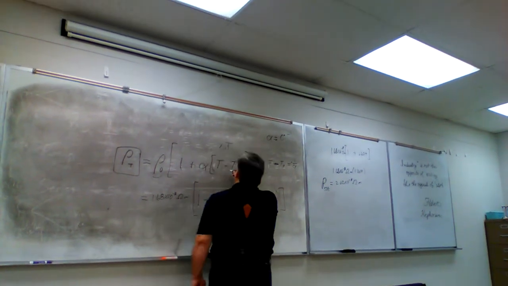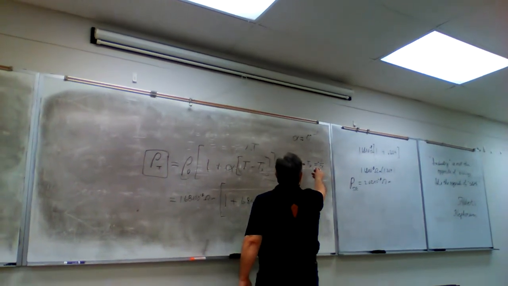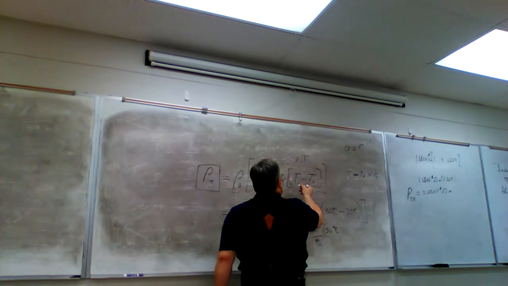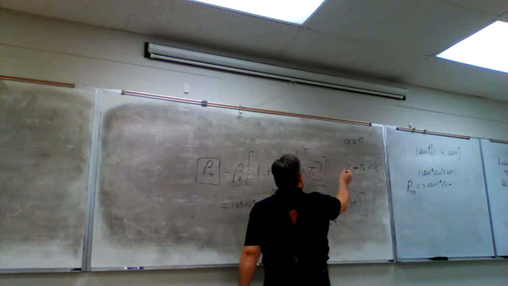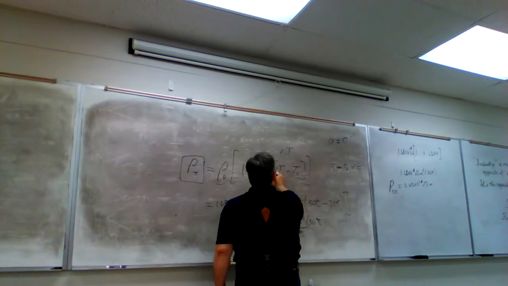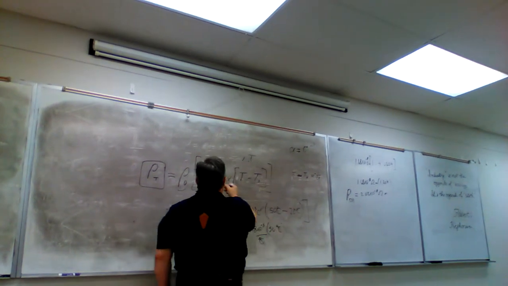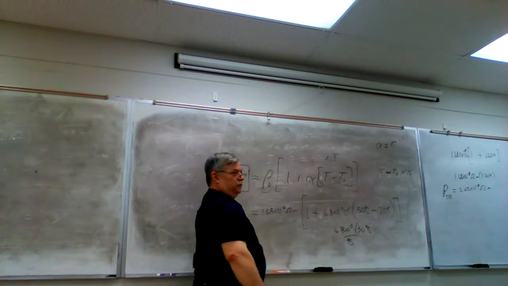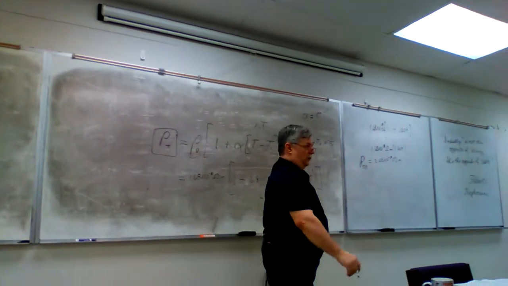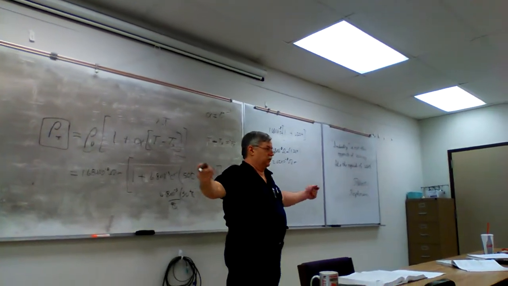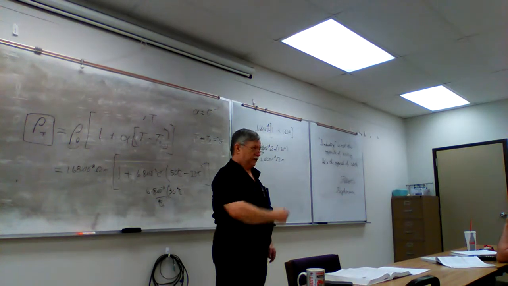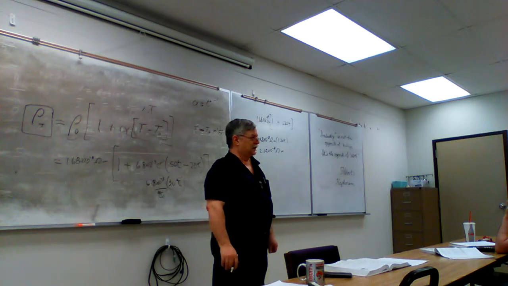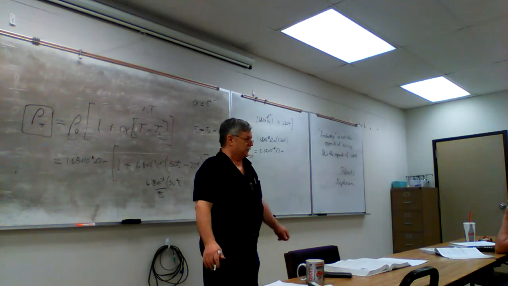If that equaled -1 over alpha, then this would become alpha times -1 over alpha, which would be -1. And 1 minus 1 would go to 0, and your resistivity would go to 0. And at that point, it would take 0 voltage to push infinite current. Okay? Which doesn't make a lot of sense.